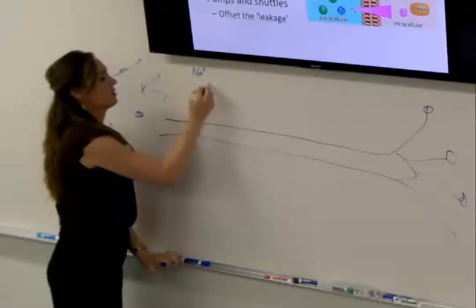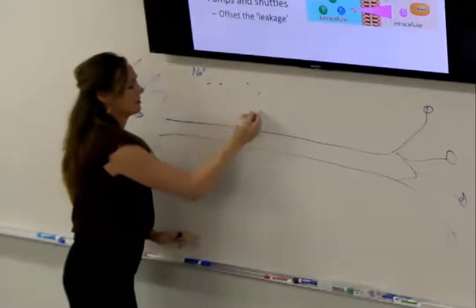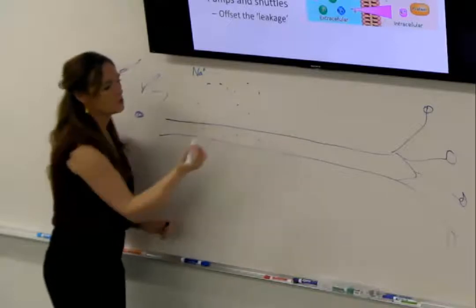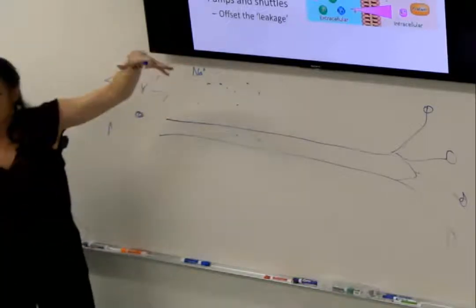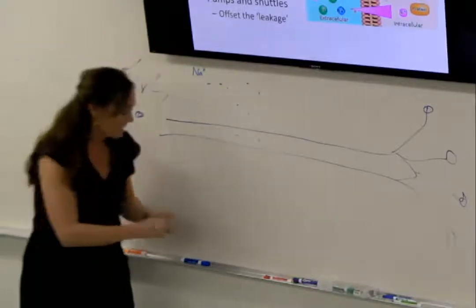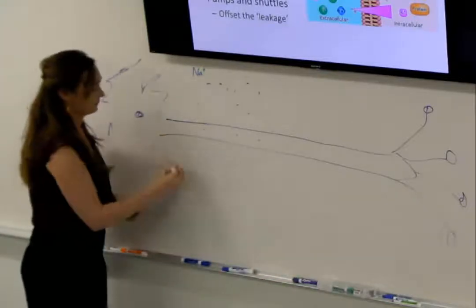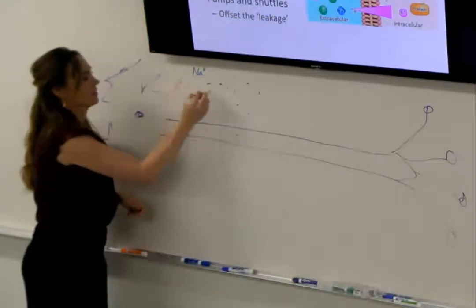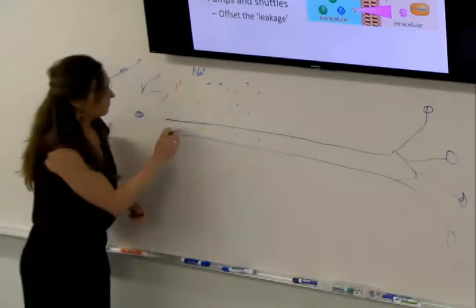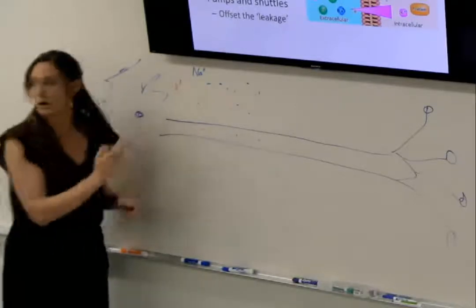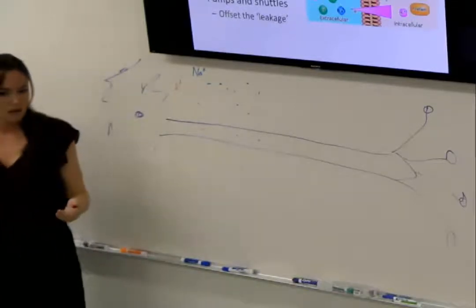A lot of sodium out here, and we have some inside too, but more out, right? And we're going to have potassium, some of it out, a lot more in.